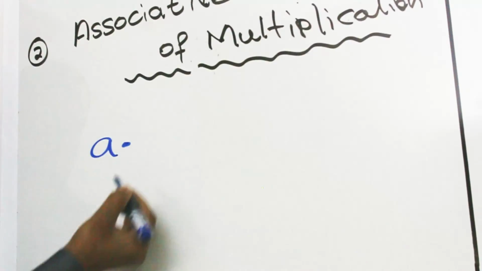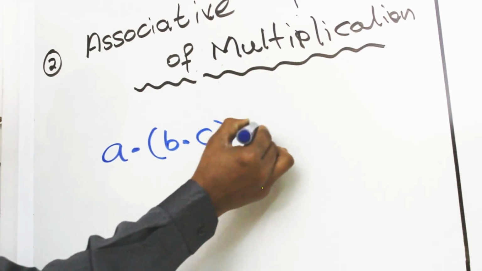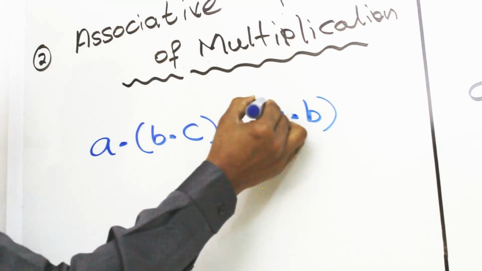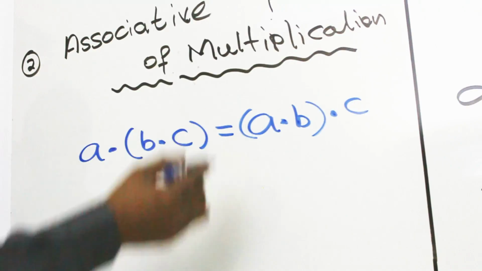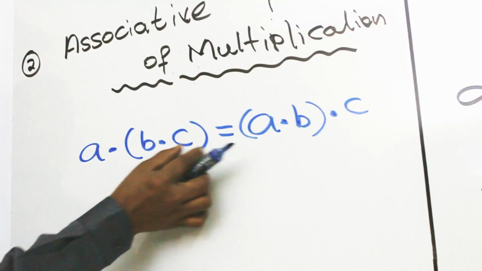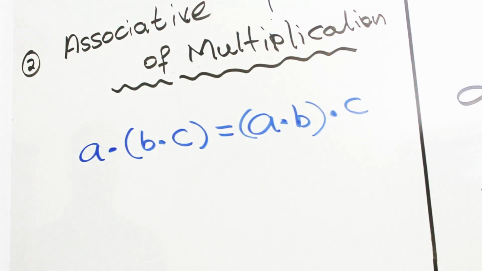A multiplied by B multiplied by C equals A multiplied by B in brackets, multiplied by C. The dot indicates multiplication here. It will be the same: in one we do the bracket on the second part, in the other on the first part, and the final answer will be the same. We'll check with an example.